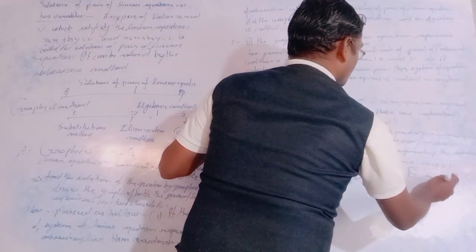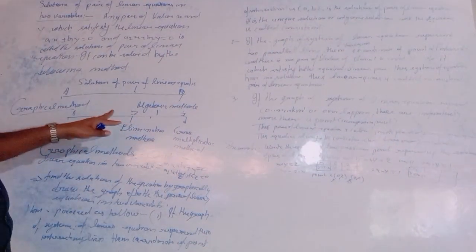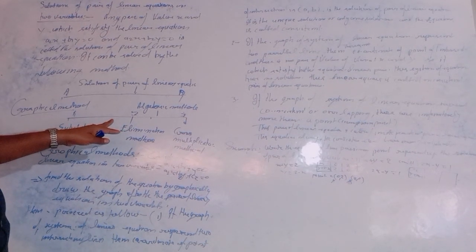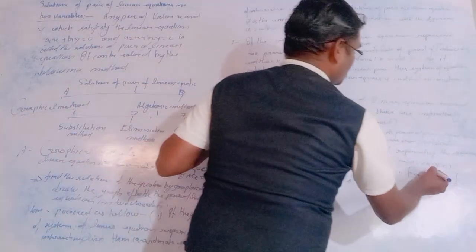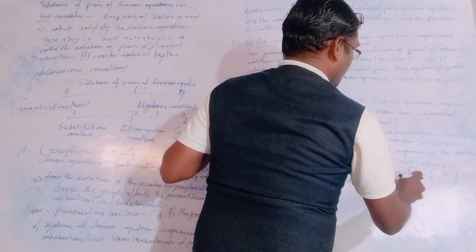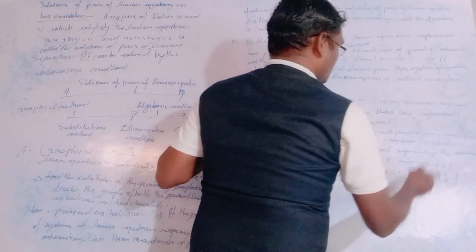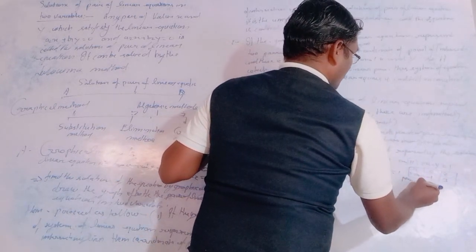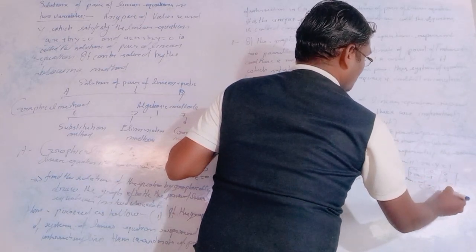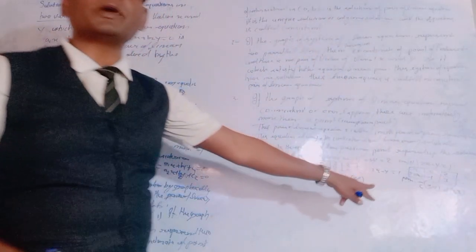If we substitute 0, it becomes minus 1. And if we substitute 2, 2 times 2 is 4 minus 1 is equal to 3. So the points are C, 0 and minus 1, and D, 2 and 3. Got it? We have found 2 points.